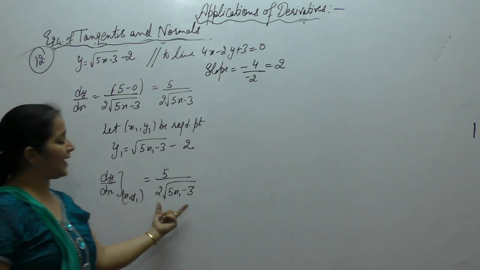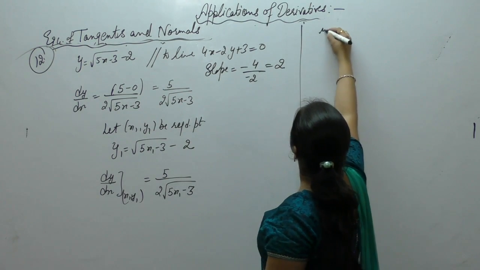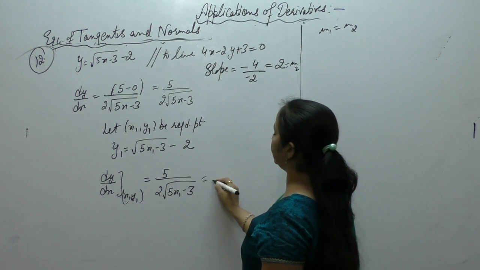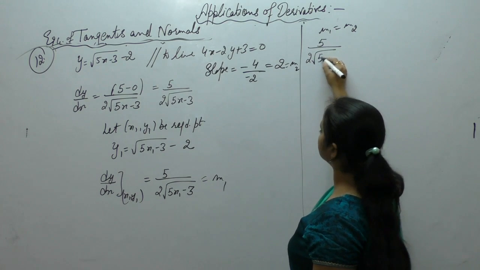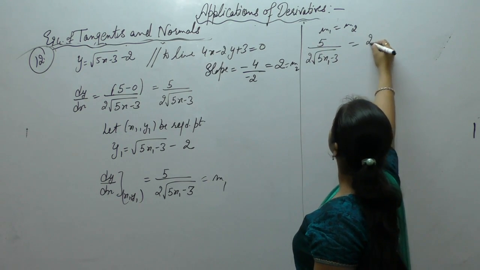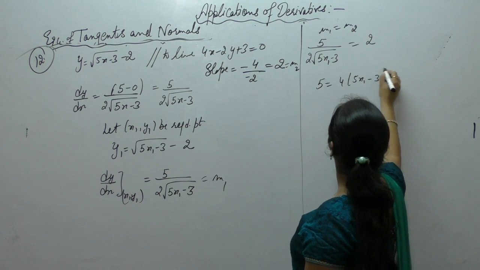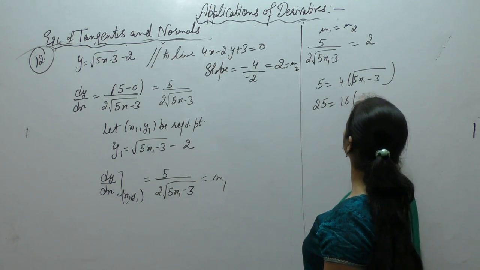Now it is given that this line is parallel to this, it means their slopes are equal. Let slope of line be m2 and tangent be m1. So 5/(2√(5x1 − 3)) = 2, so √(5x1 − 3) = 5/4. Squaring both sides, 5² and 4².